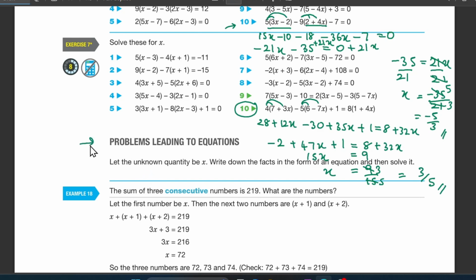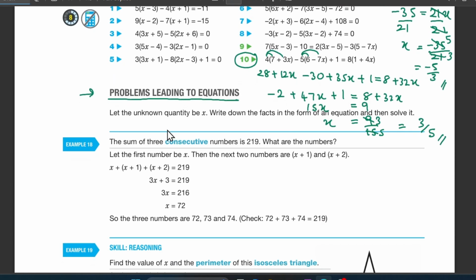Then in the next part, problems leading to equations. Let the unknown quantity be x. Write down the facts in the form of an equation and then solve it. So in example 18, the sum of three consecutive numbers is 290. What are the numbers? Three consecutive numbers means like 6, 7 and 8, or otherwise 1, 2 and 3.